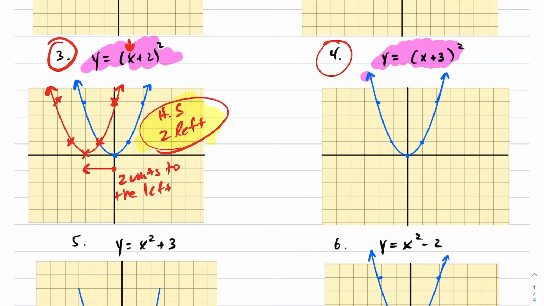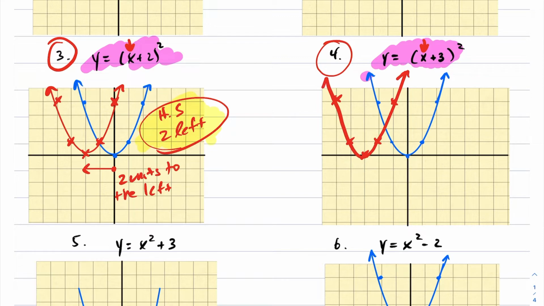If I let x be a 0 here, you're going to have 3 squared is 9, and that's off the graph. So we're going to go to the left-hand side and see what happens. If I let x be a negative 1, that's going to output a 4. If I let x be negative 2, that's going to output a 1. If I let x be negative 3, we get a 0, negative 4, a 1, and if I let x be negative 5, we output a 4.